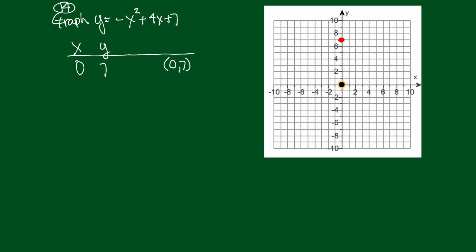Let's try 1 and even a negative 1. So if I put in a 1, I'm going to take that 1 and put it right in here and here. So I will get negative 1 squared plus 4 times 1 plus 7.